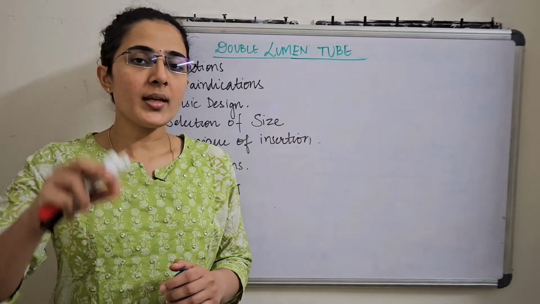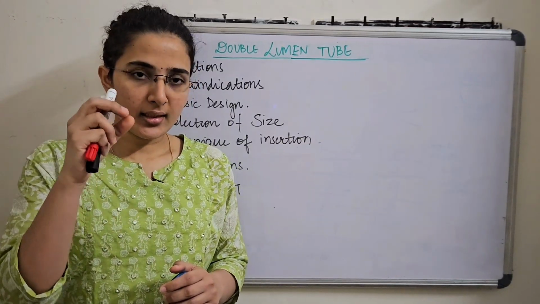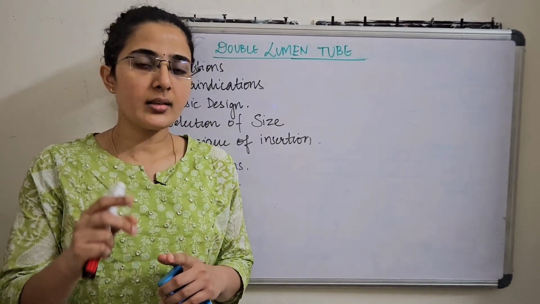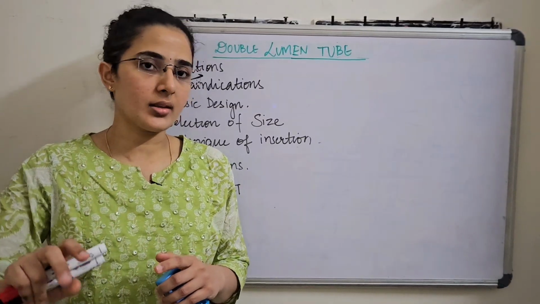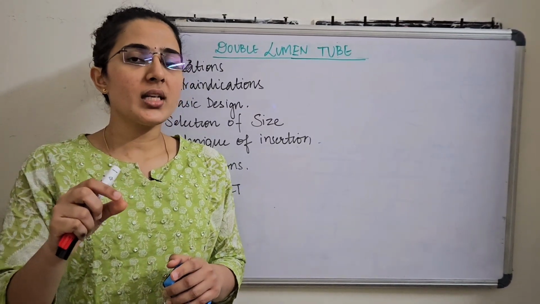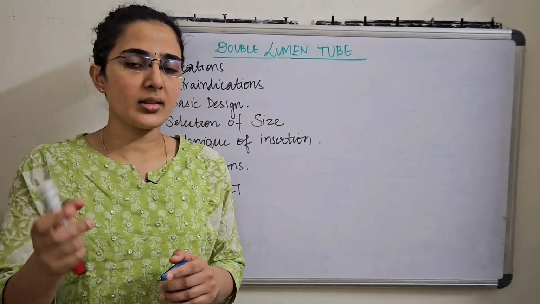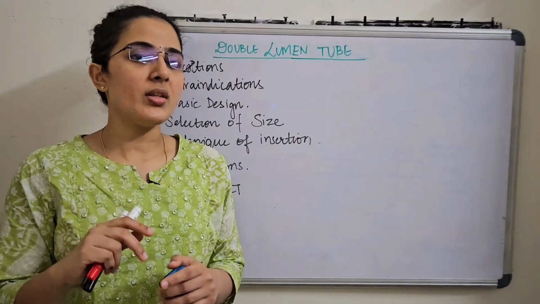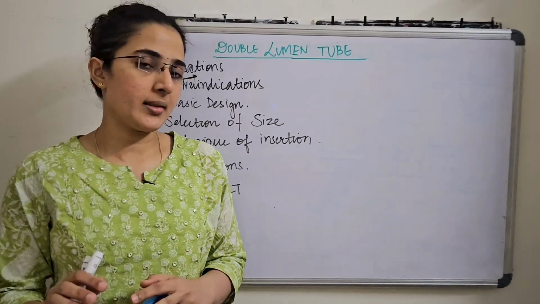Once the tip of the DLT passes across the glottis, you can remove the stylet and push it forward till you reach the tracheal cuff. Once the tracheal cuff passes across the glottis, you rotate the DLT by 90 degrees to the side on which you want the bronchial end of the DLT to be present.